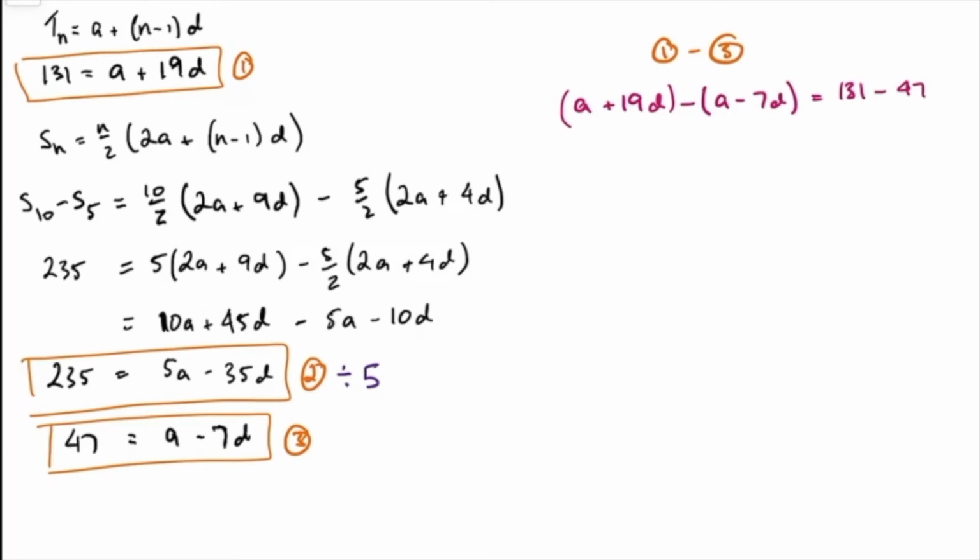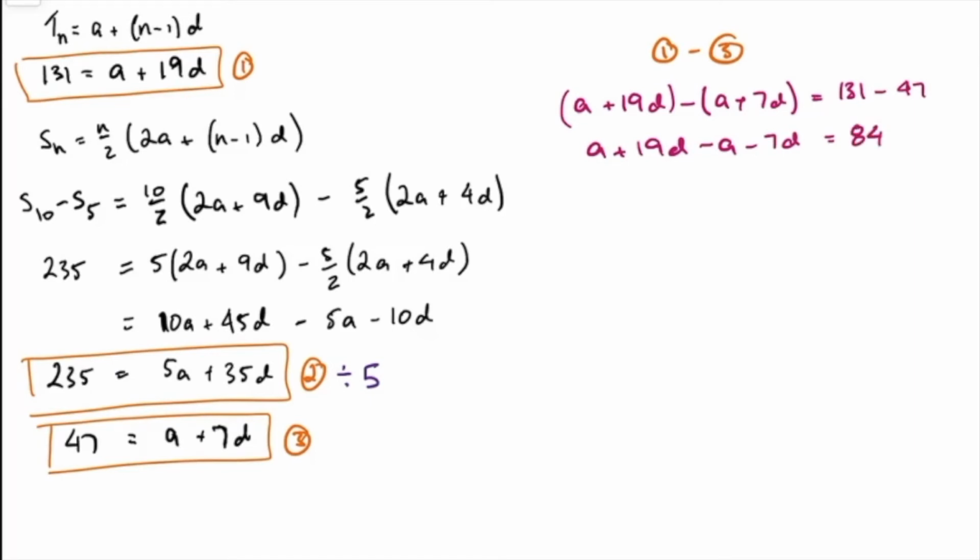Let's spread all this out so this one doesn't change. Our first two terms stay the same, and then these ones, oops, did I get that wrong? Yes, I did. They should be pluses in there. Sorry about that. Now that should be a minus. And 131 minus 47. That's going to give us 84.